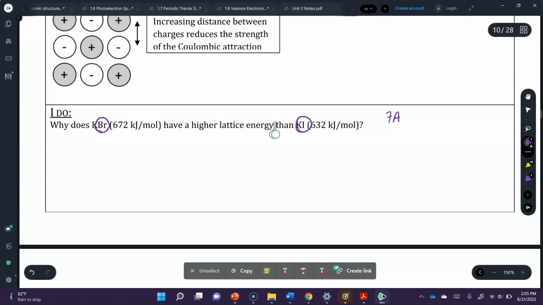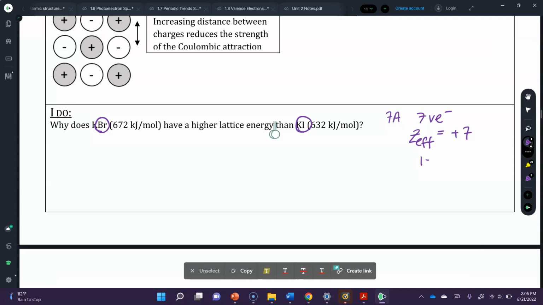They're both in group 7A, so they have 7 valence electrons, and technically their effective nuclear charge is a positive 7. So they technically both see a positive 7 charge, and for iodine and bromine, well, then what's different? Well, it's not their ionic charge, they're both -1. We keep thinking, well, we see that on the periodic table, bromine is above iodine.